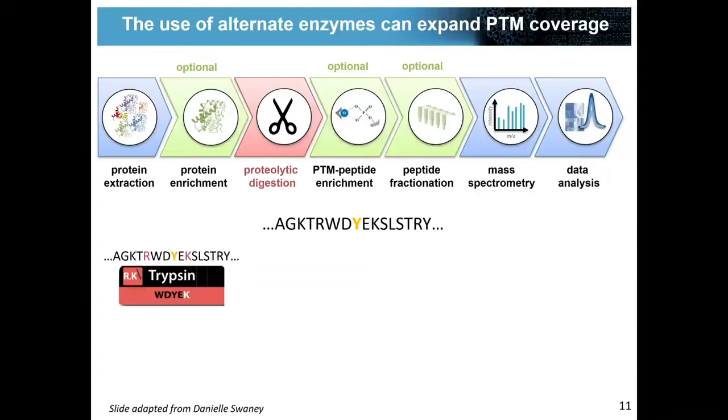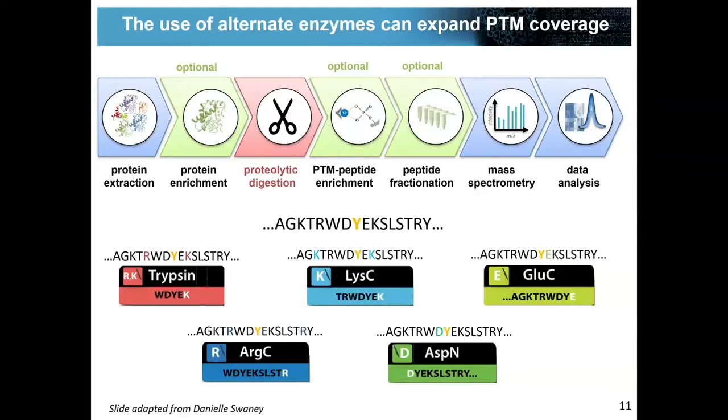And when you work with enzymes like LysC, GluC, ArgC, Asp-N, significantly larger peptides develop, and now your tyrosine sits in other patches. And yes, there is a good reason why people like to work with trypsin, as the other proteases often are not as efficient, as specific and stuff like that. But still, if you're interested in covering a complete protein sequence, strategies like this can help you.